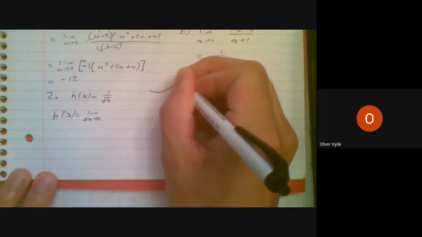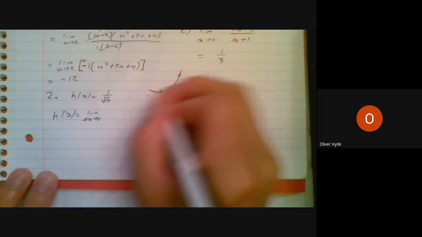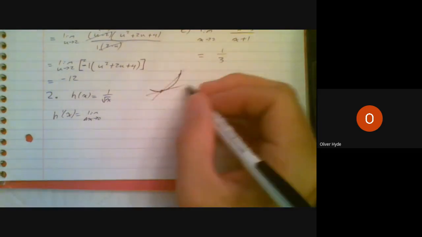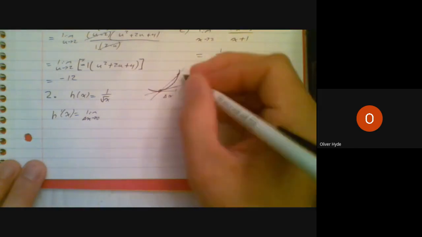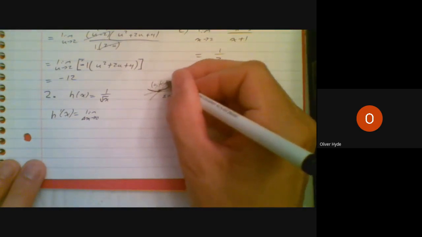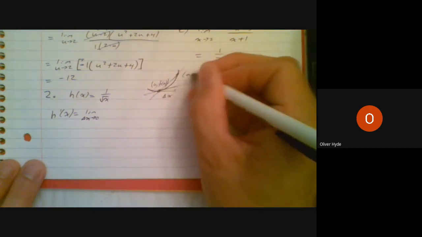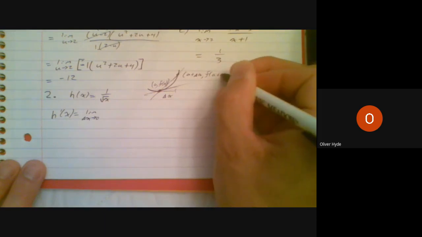Let's illustrate the idea of first principles as well here, kind of going back to advanced functions. We're trying to find the slope of the tangent. What we do is we set up a secant. Here's a comma f of a, and here's a plus delta x comma f of a plus delta x.